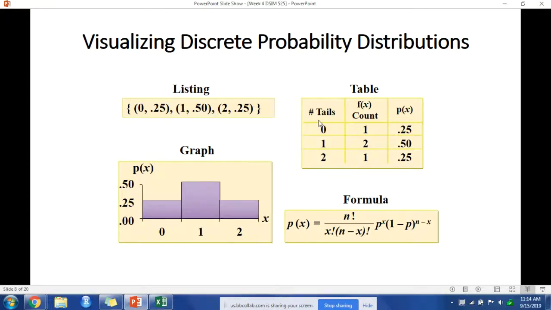We have the number of tails as of interest to us. If we get 0 tails, then that is one possibility, and there's a 25% or 1 in 4 chance of that occurring. If we get 1 tail on either of the coins, then there are 2 possibilities that we can count, giving us a 0.5 or 50% probability.